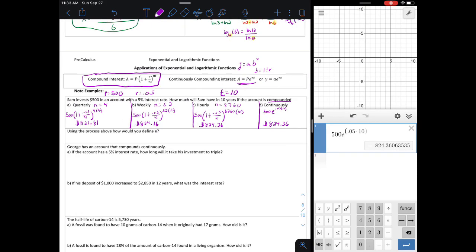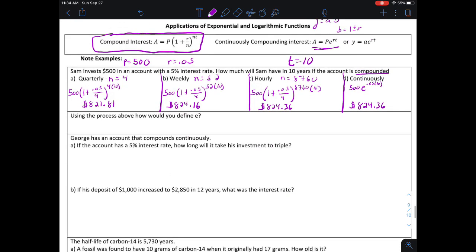And so that takes us to, well, how would we define what e actually is by using this process? And so the way we would do this is, notice the part that changed the whole time was the 1 plus r over n to the n power.